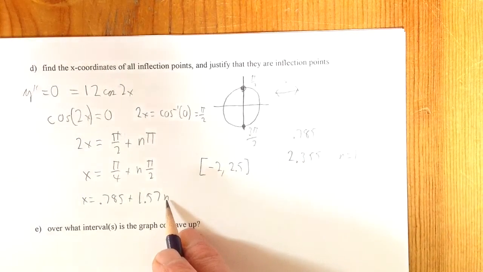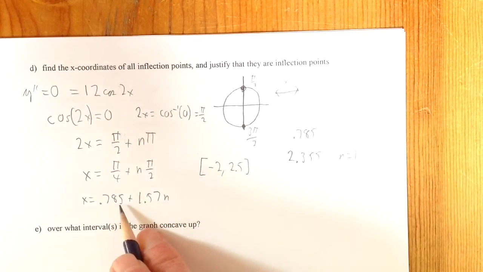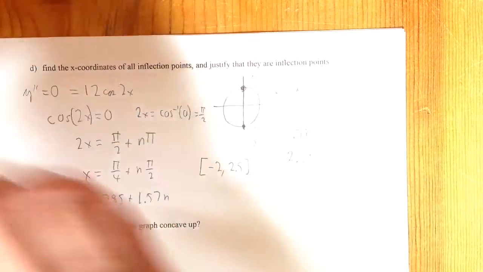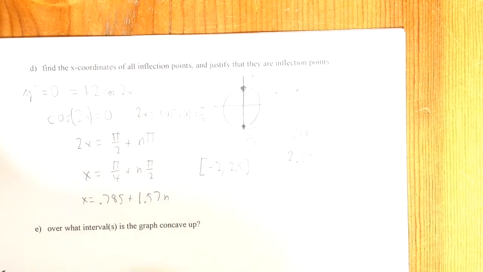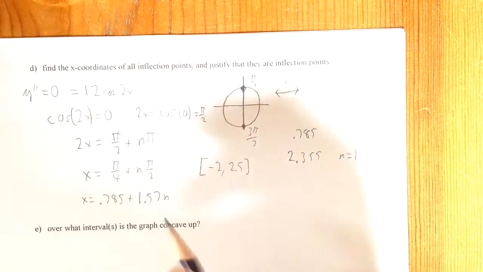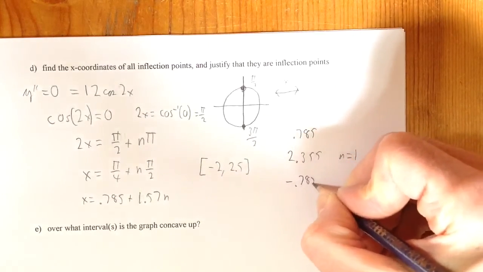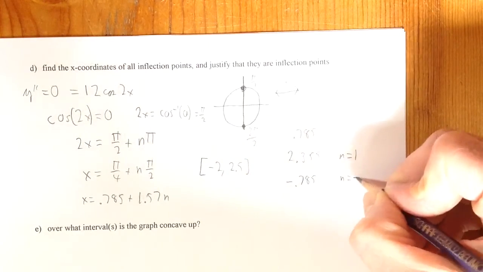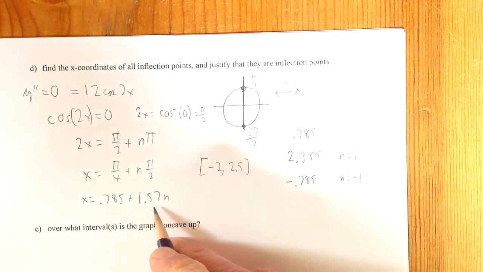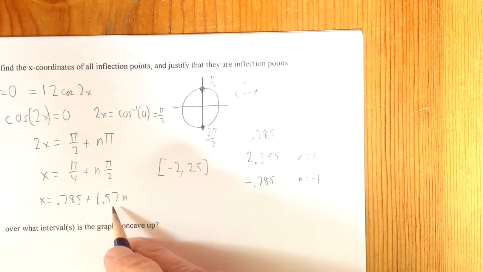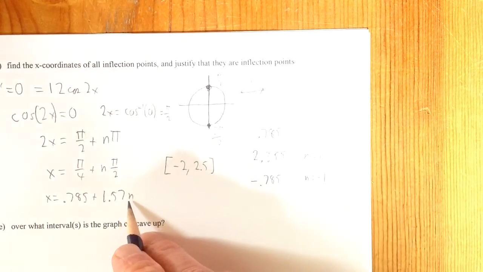Now, how about if we take away? Let's say n is -1. So 0.785 minus 1.57 gives -0.785. That works. That's n equal -1. And how about n equal -2?